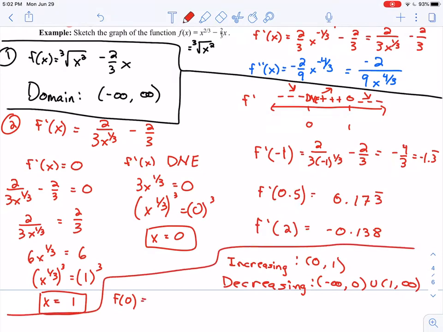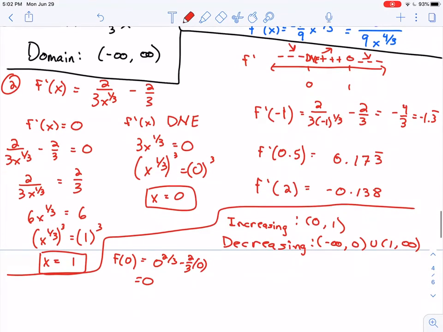So f of 0, this is 0 to the 2/3 minus 2/3 times 0. Here I'll get 0. So we said at 0, what's going on here? It's decreasing and then increasing. My graph might look something like that. I have a minimum, so local min at 0, 0.